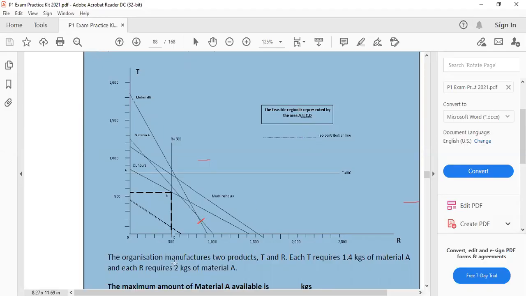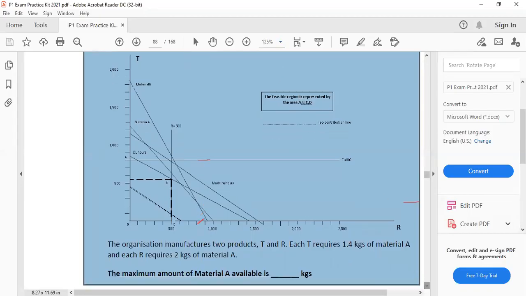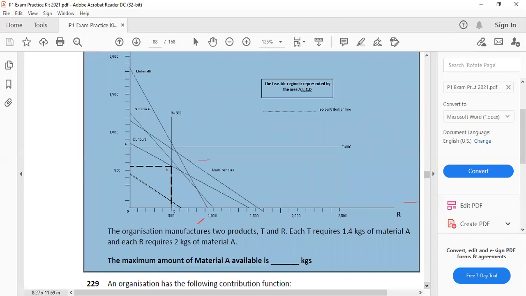So what are we asked? We are asked to find out what is the maximum amount of material A. If in the question the parallel lines are the requirement, then what are the axes? Why are the axes T and R?